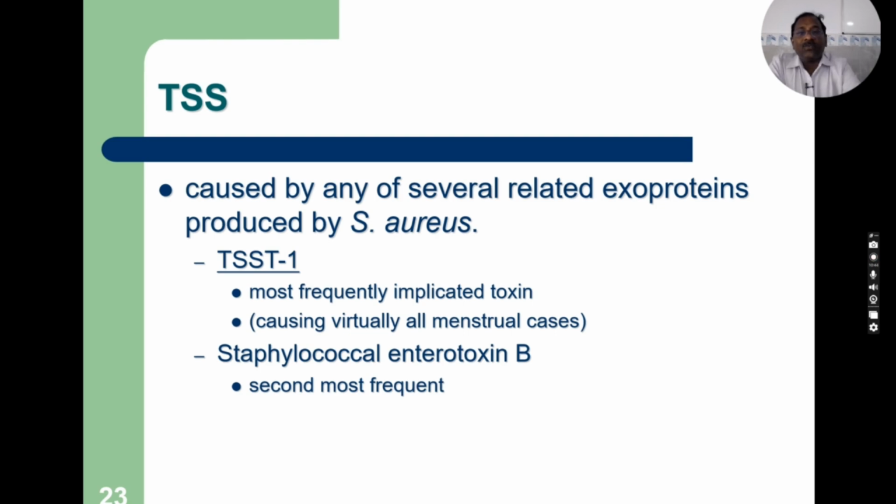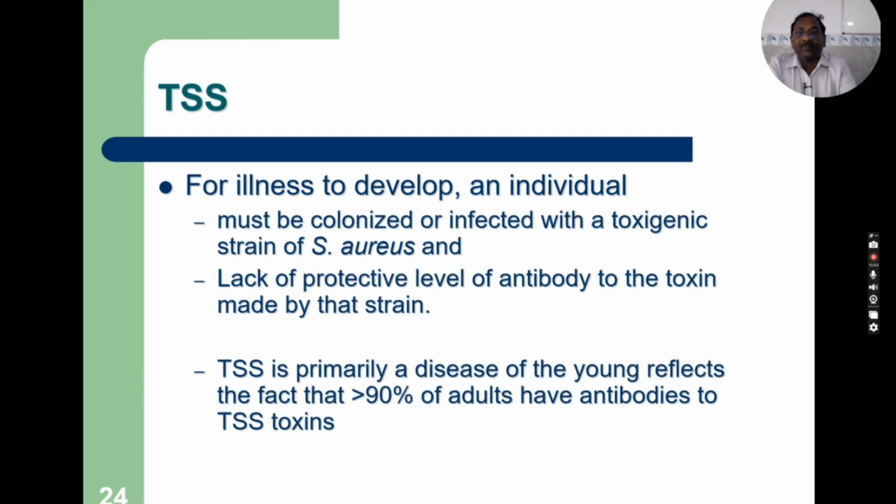TSST-1 is the most frequently implicated toxin, causing virtually all the menstrual cases. Staphylococcal enterotoxin B is the second most frequent cause. For this illness to develop, an individual must be colonized and infected with a toxigenic strain of Staph aureus. Mostly it is by coagulase-positive Staph aureus.